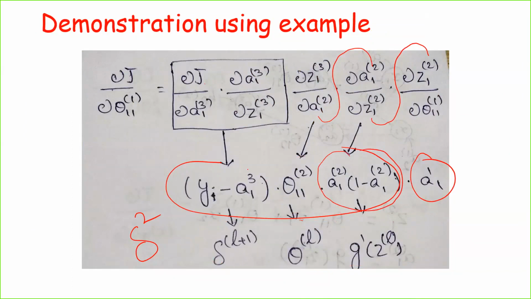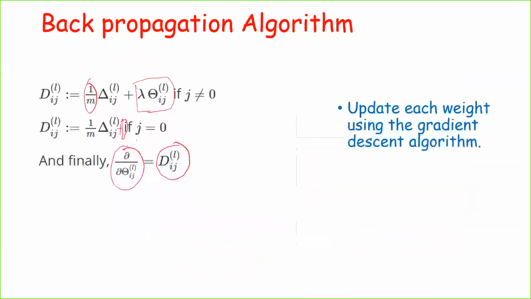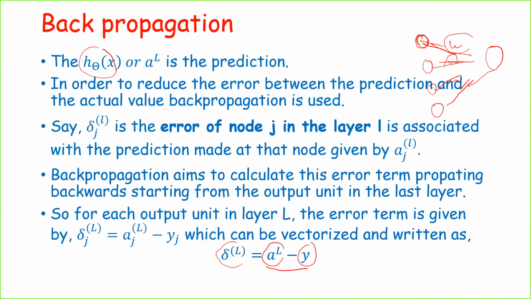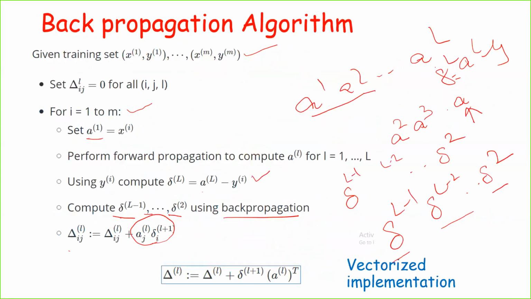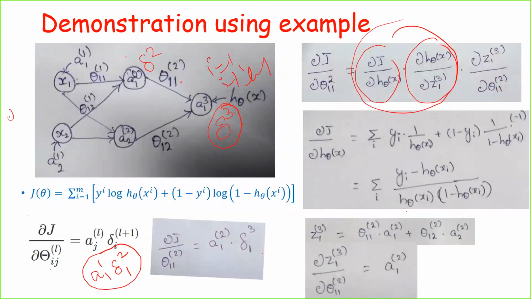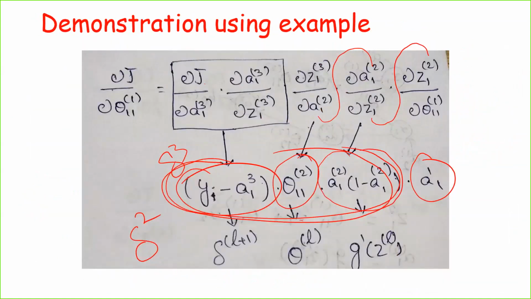I mean, this whole thing is delta 2. You can see that formula here: theta L transpose times delta L plus 1 times Z dash of ZL, the same thing. Got it, right? Got it, sir. Don't confuse.